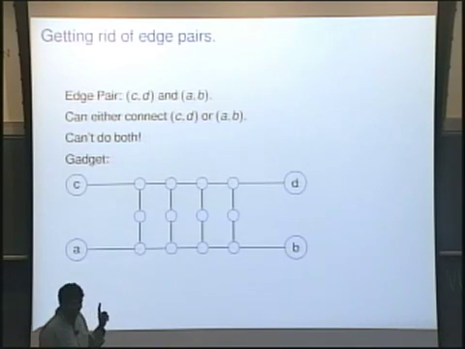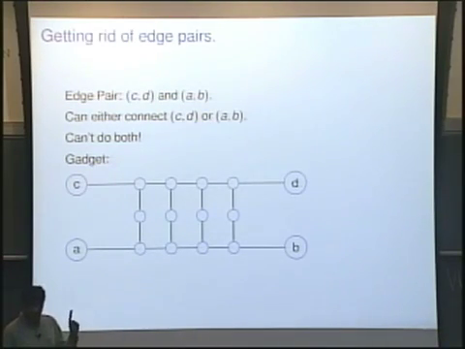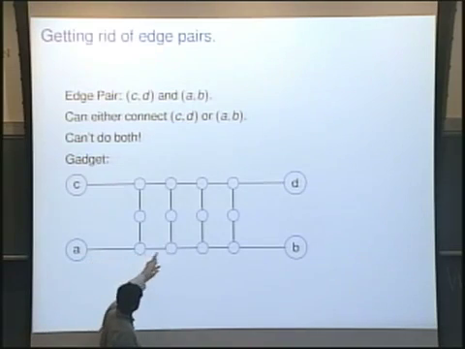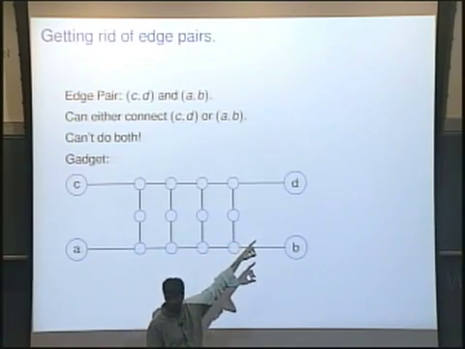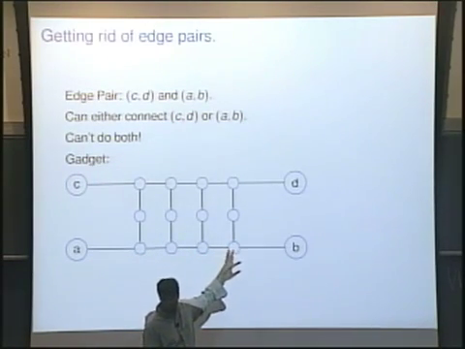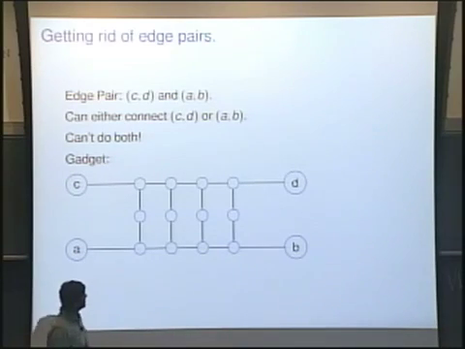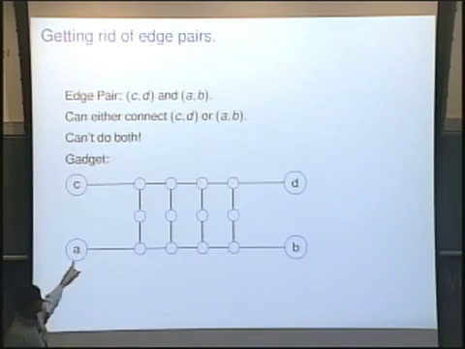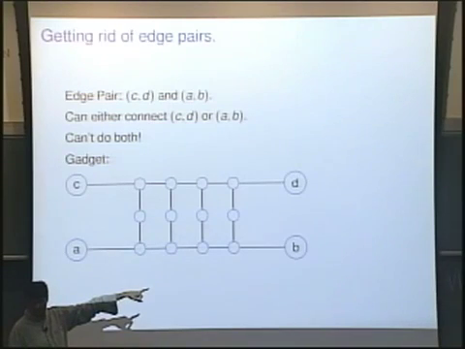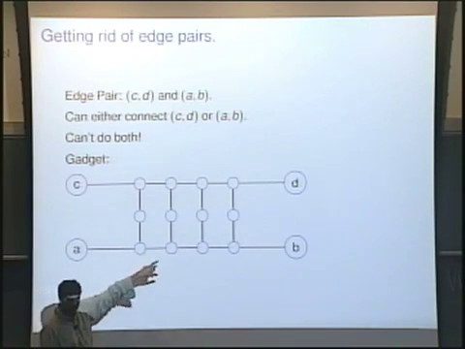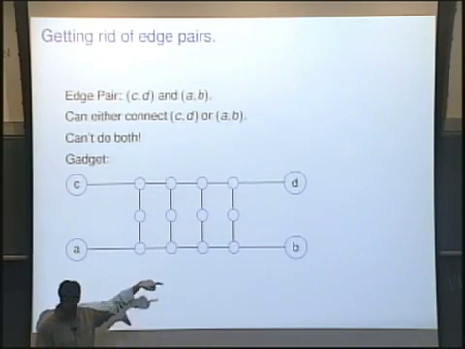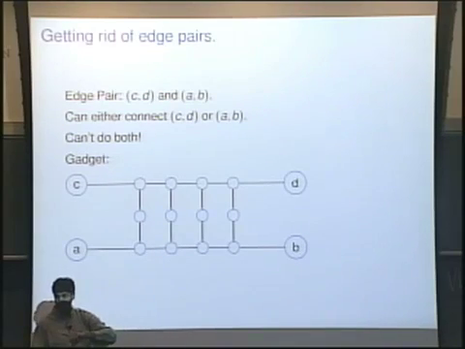Now this gadget, I claim, either has to connect C to D, or A to B. You can't have a path from A to D here which will work. You'll miss some node. So there is a path that connects A to B, and it has to hit every node in the middle. And in a Rudrata cycle, you have to hit every node in the middle exactly once.